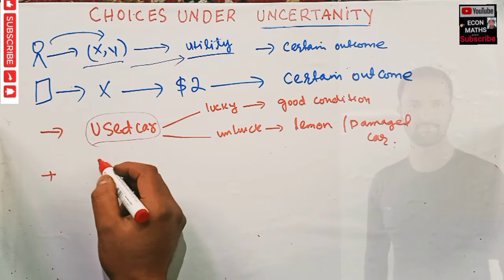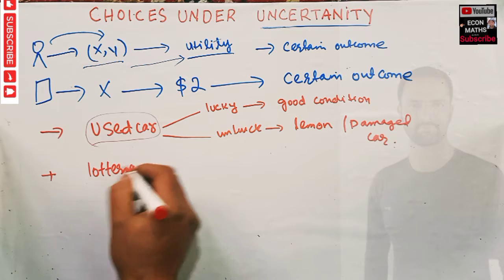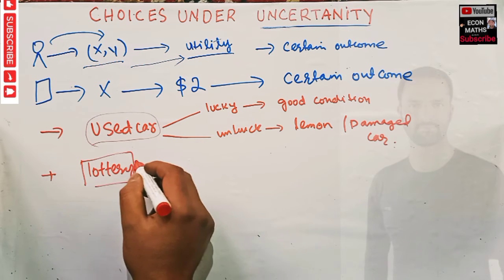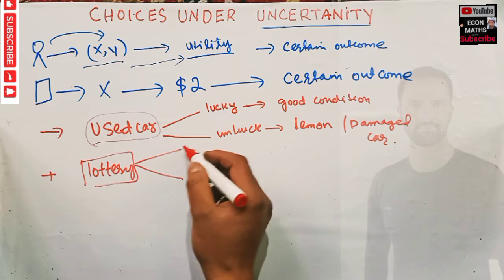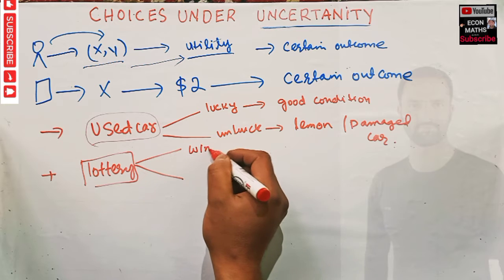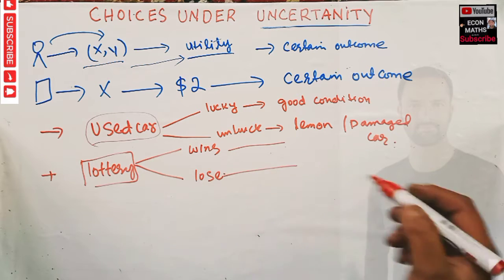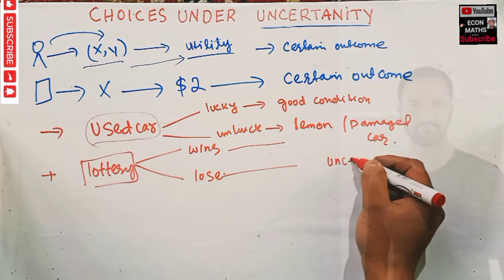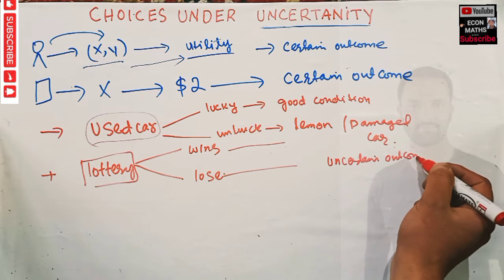Let's talk about another situation. Let us say a consumer is buying a lottery ticket. When he buys this lottery, there are two outcomes. Let us say either he wins or he loses. So in this case also we have an uncertain outcome.